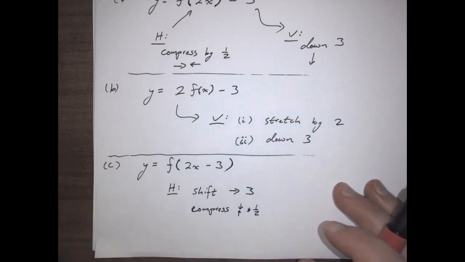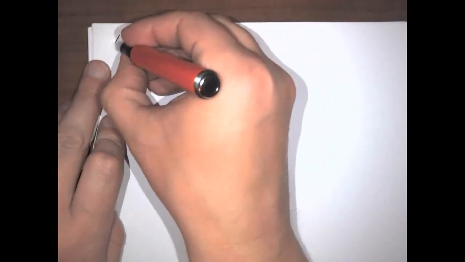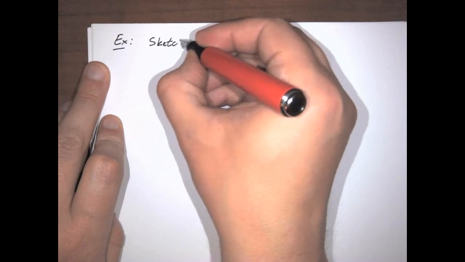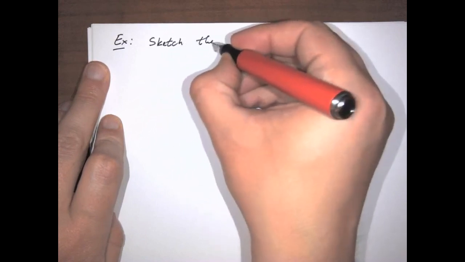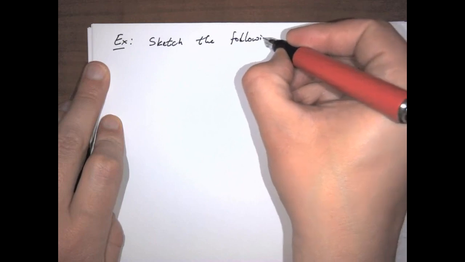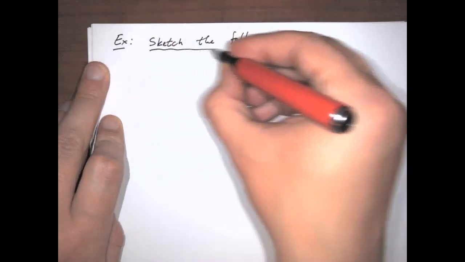Now, let's see what any of this would look like if we were talking about one of our familiar toolkit functions. As an example, let's say we wanted to sketch the following.